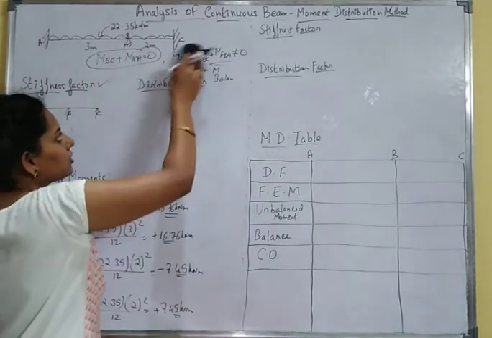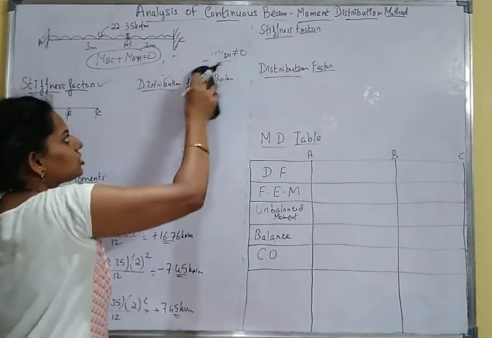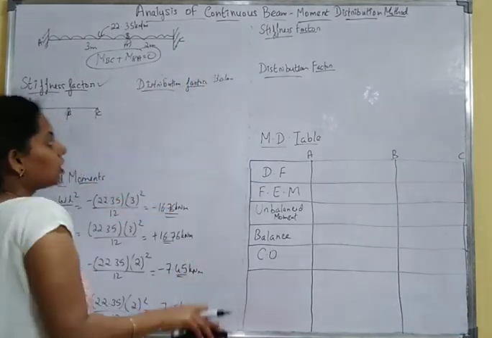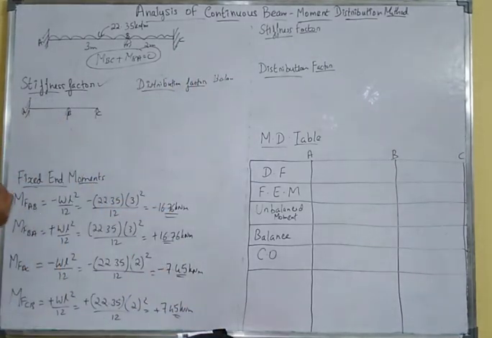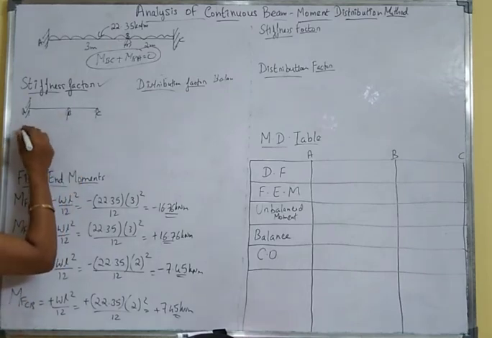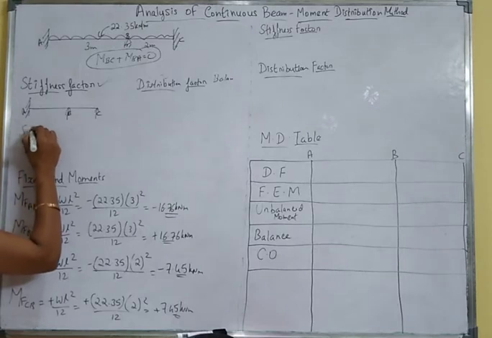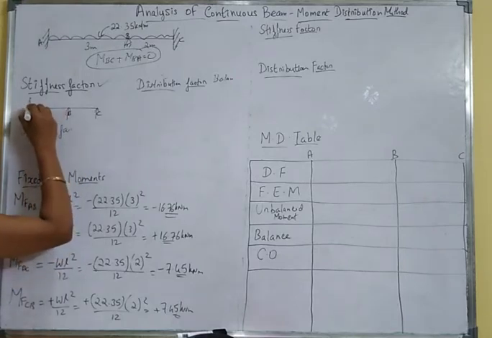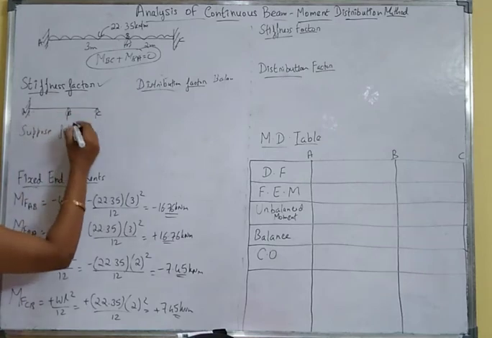How do we find the stiffness factor and distribution factor? For the stiffness factor you have two conditions, depending on the far end. Suppose you are considering this joint and this is your far end.